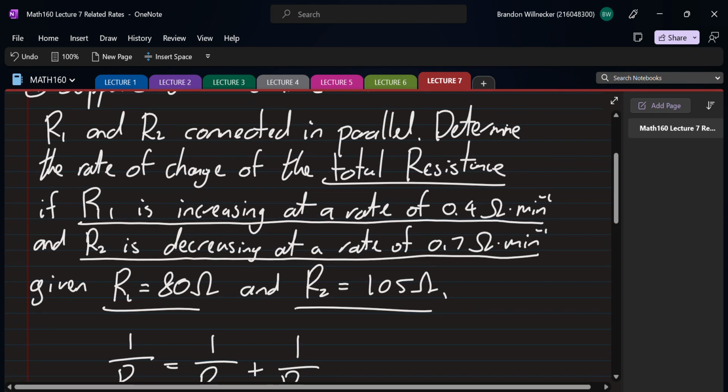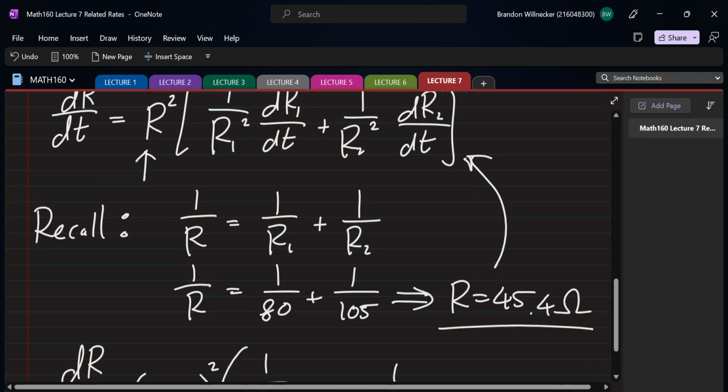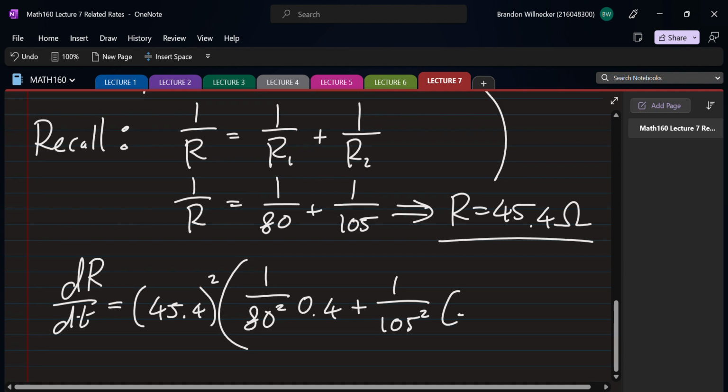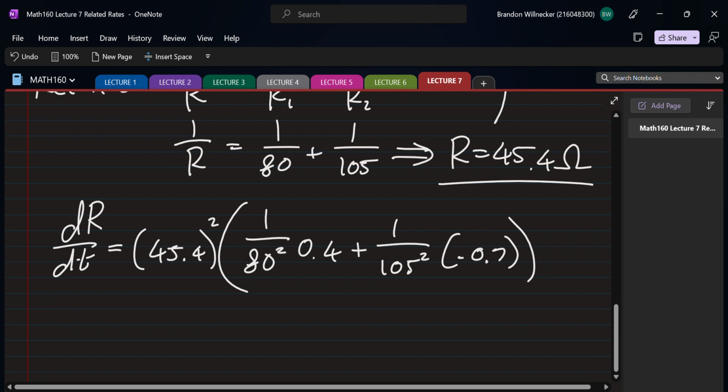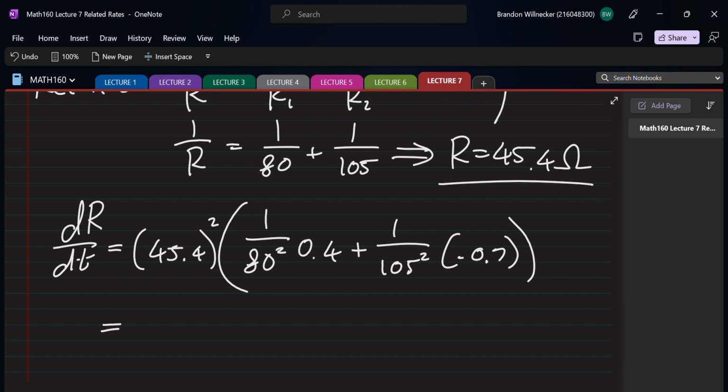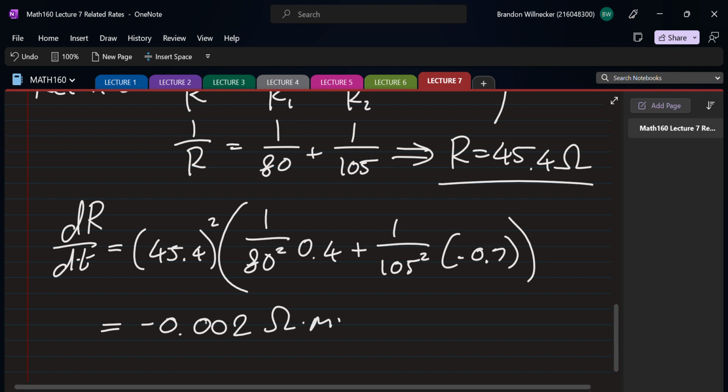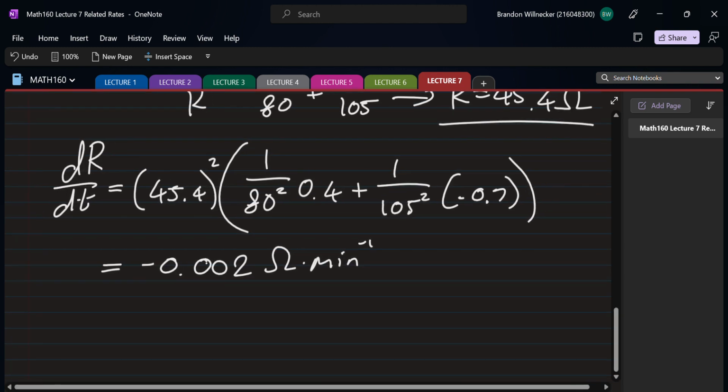R2 is decreasing at a rate of 0.7, so dR2 by dt is minus 0.7, because it's decreasing. Then we simplify and end up with minus 0.002 ohms per minute. So that is the rate at which the total resistance is decreasing.